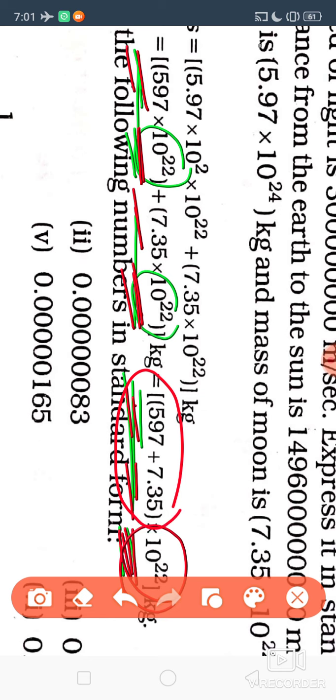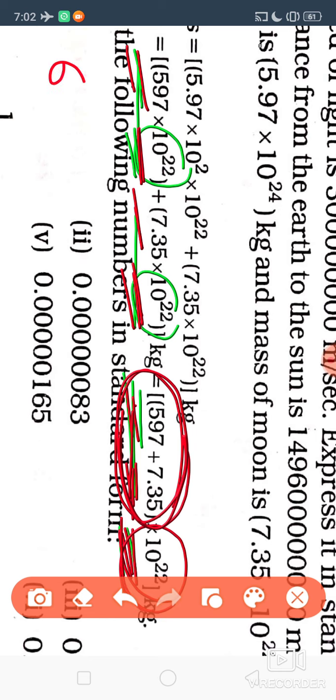Now add both these, 597 plus 7.35. How much will you get? 604.35 after adding, into 10 to the power 22.